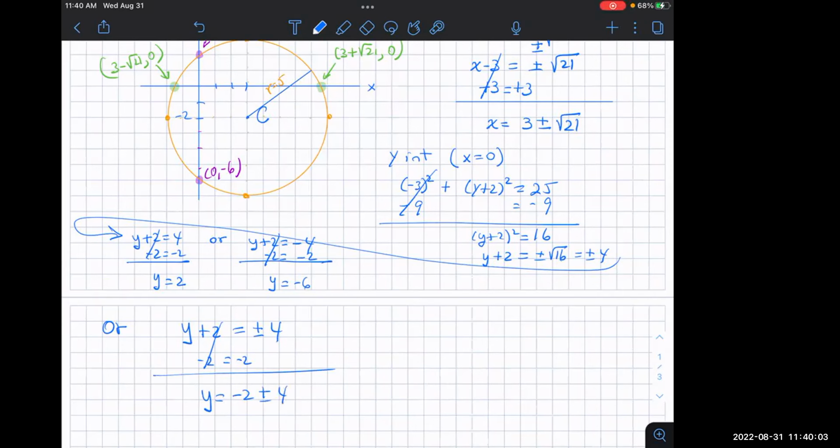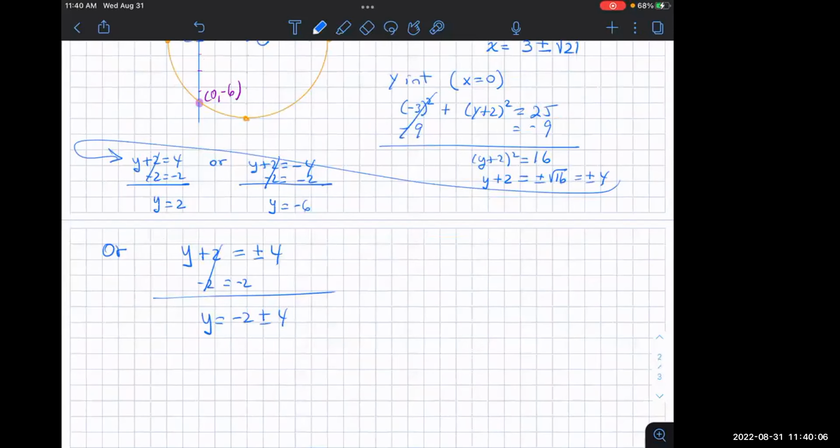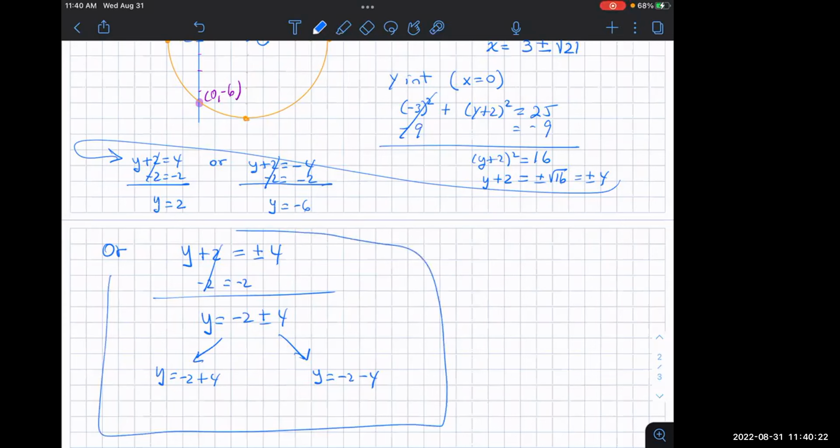And then you separate that into two cases, right? So y equals negative 2 plus 4, or y equals negative 2 minus 4. Okay, cool. I just wanted to confirm you could do that. Thank you. Yeah, this is very nice because it's more compact. So then you get a 2 and a negative 6. Yes, very nice.